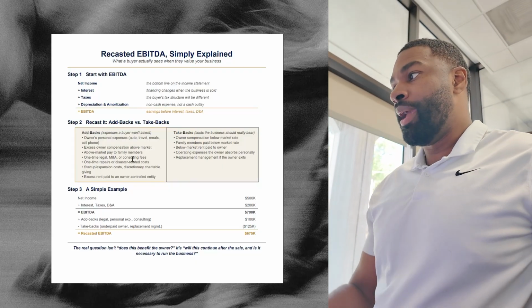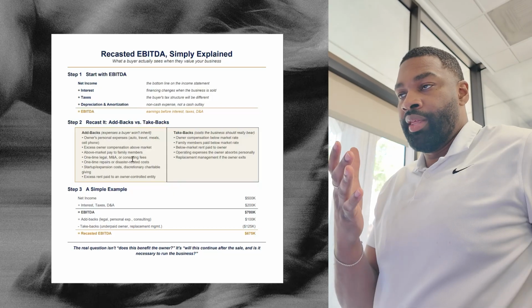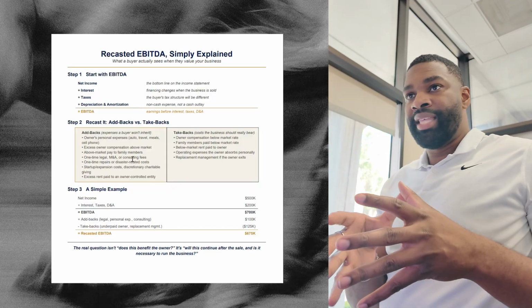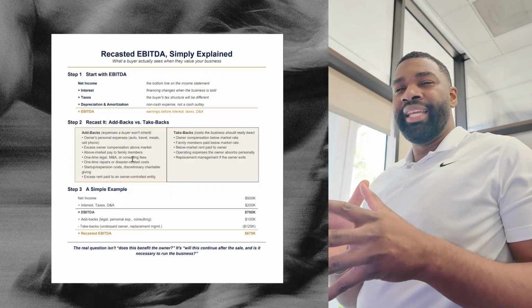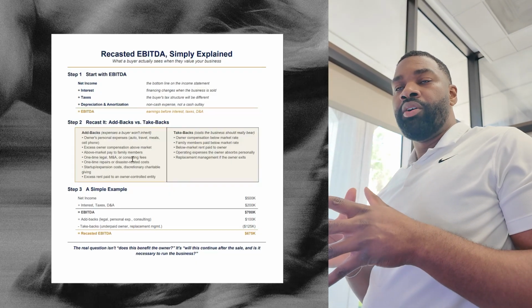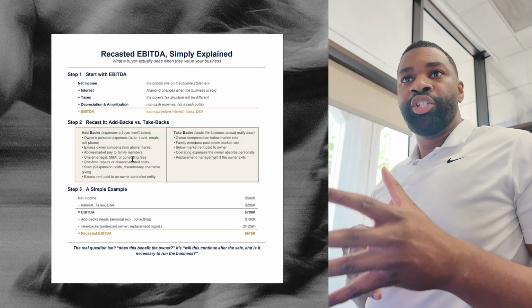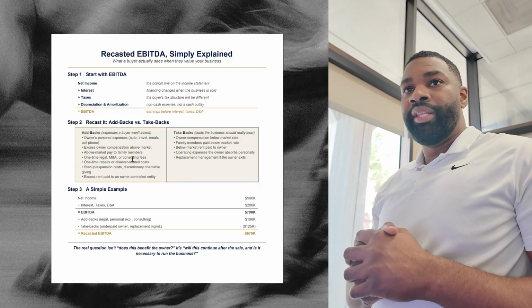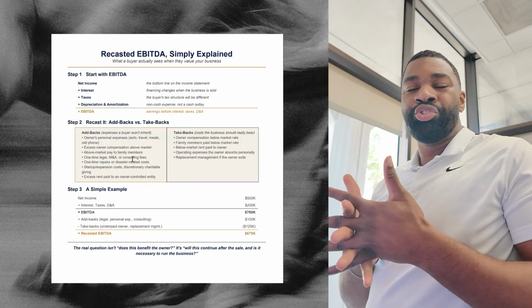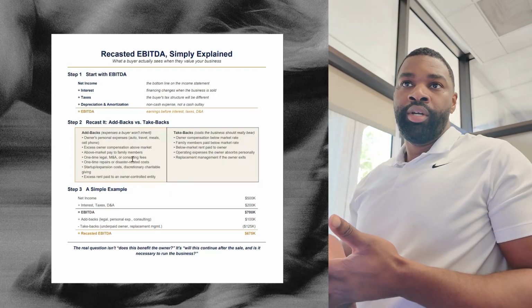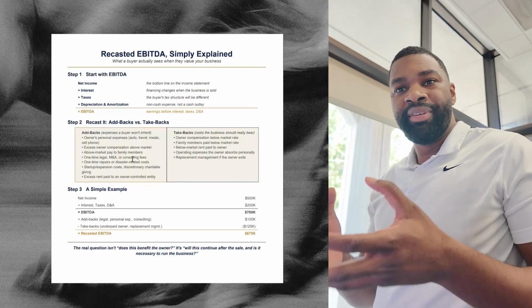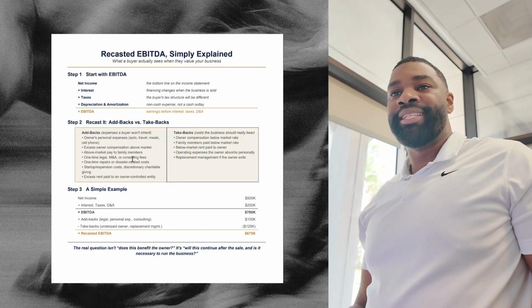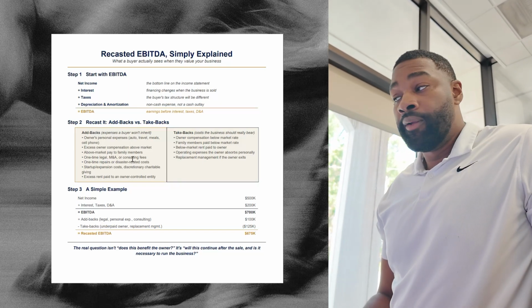Any startup or expansion costs. I don't want to overcomplicate this. It's basically expenses that won't be needed anymore if the business owner takes it up. If you have a luxury Houston, Texas suite that you use to market, maybe you don't truly need that in order to run your consulting company. Therefore, I'm adding it back to the profitability. It's going to make that recasted EBITDA a little bit stronger.